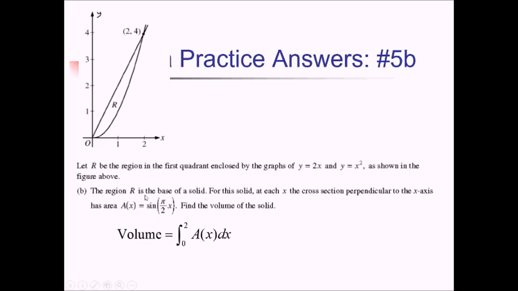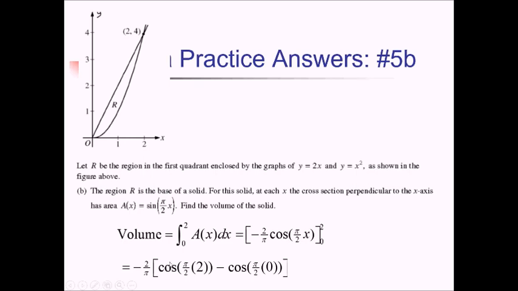So when the dust settles, we have negative 2 over pi cosine of pi over 2 x evaluated from 0 to 2. So we've got this stuff with 2 plugged in, and I'll just pull this negative 2 over pi outside now. So we have cosine of pi over 2 times 2 minus cosine of pi over 2 times 0.